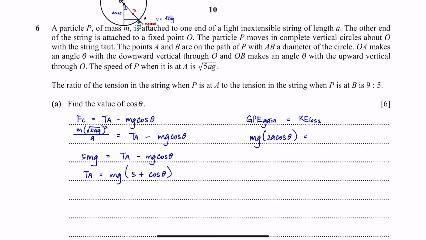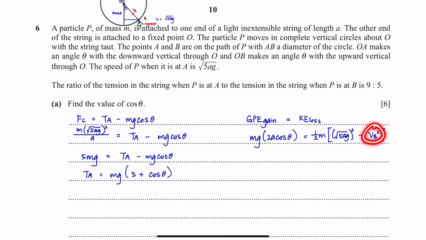And for the kinetic energy, we have half m times the change in v squared. So the change in v squared would be v squared at A minus v squared at B. So the v squared at A would be 5ag minus vb squared.